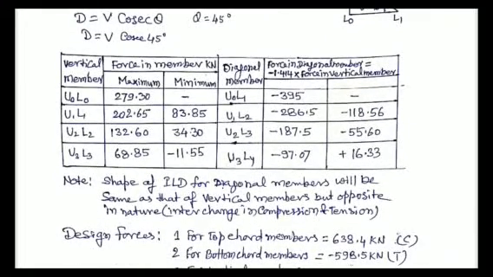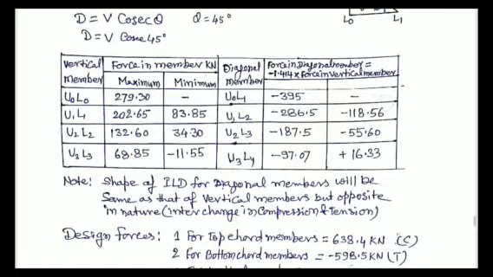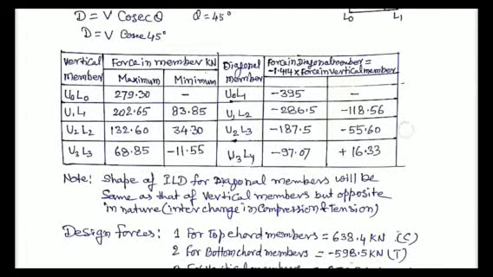So the load in inclined member U0L1 will be equal to minus 395, means this is of tensile nature, and here because the minimum is nil, so it will be nil. So force in inclined member U1L2, it comes out to be 286.5 of tensile nature, so it is negative, and here minimum will be 118.56.